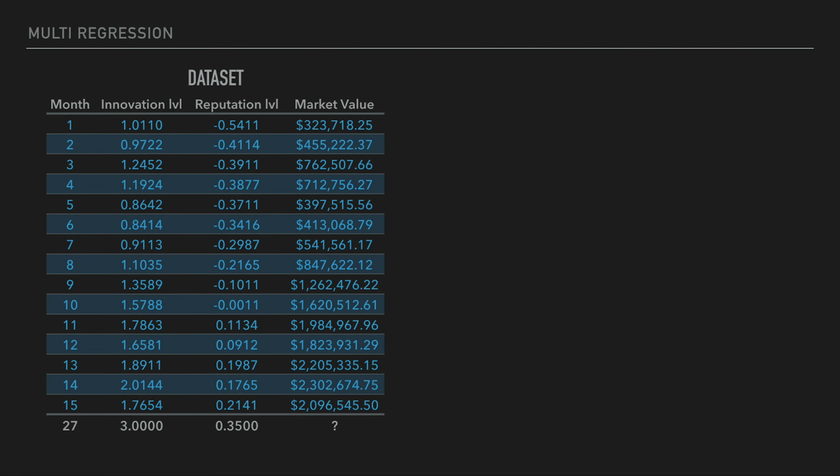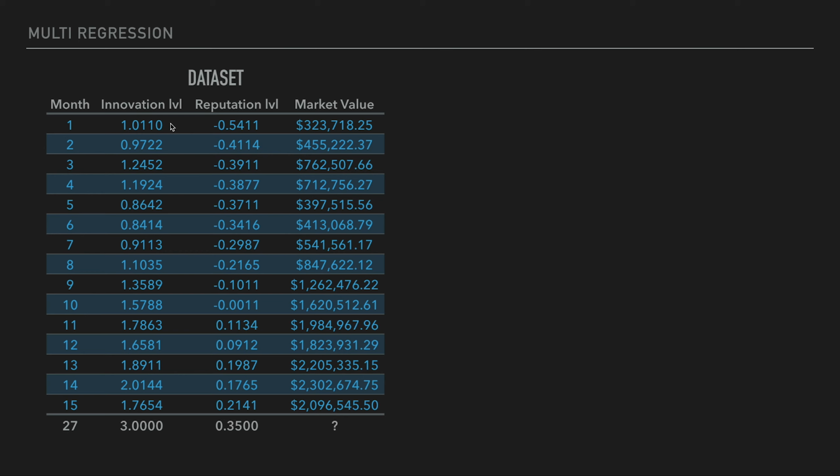So this is our data set. Our data set consists of innovation, reputation, and the market value. We also have collected the month in which these innovation and reputation levels were gathered. So we collected data from the first month to the 15th month.